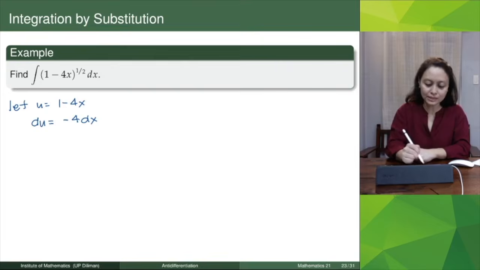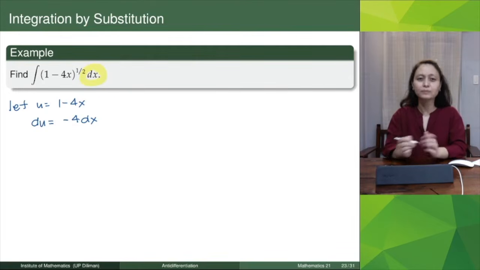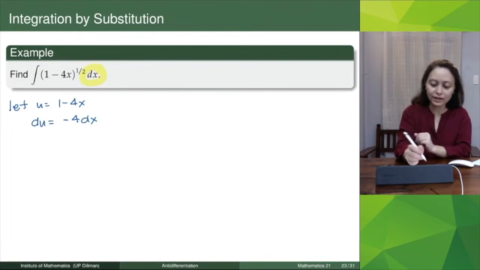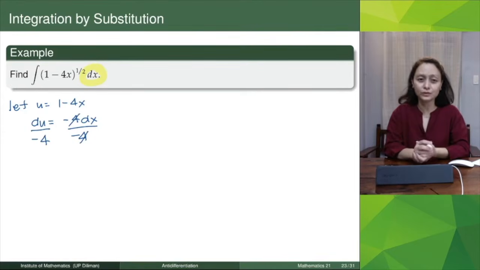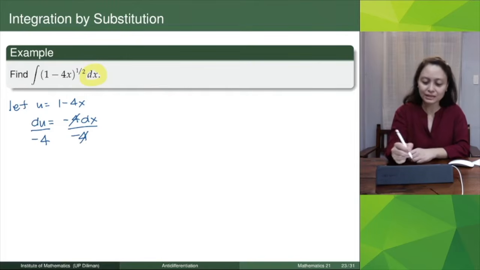Take note, dun sa integrand natin, meron na tayong dx. Ang problema, walang negative 4. So, we can divide both sides by negative 4. So, yung dx na yan can be replaced by du over negative 4. Okay, sige, let's do that.